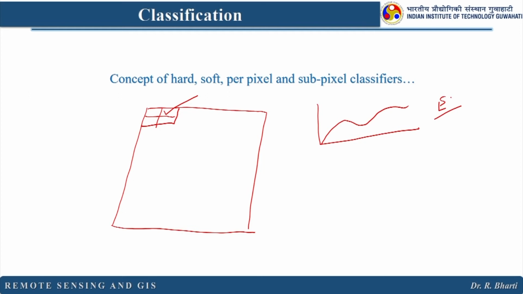Based on that, we will say this particular pixel has 10% of A, 20% of B, 30% of C, likewise. So, for each pixel we have this information, which we never had with multispectral data. That is the advantage when we go for hyperspectral remote sensing data, right.